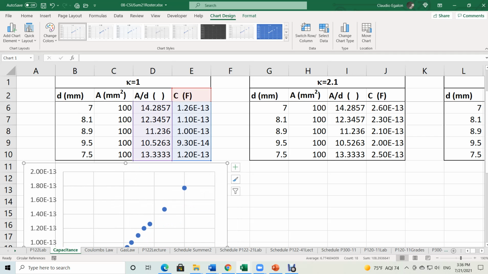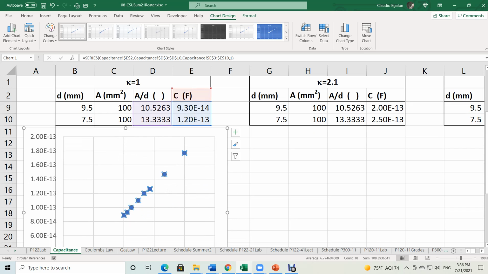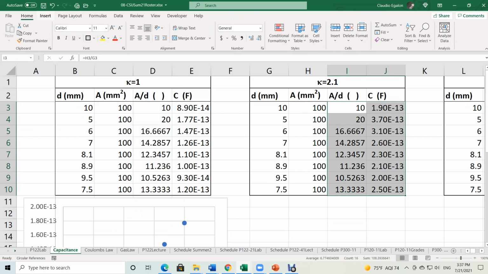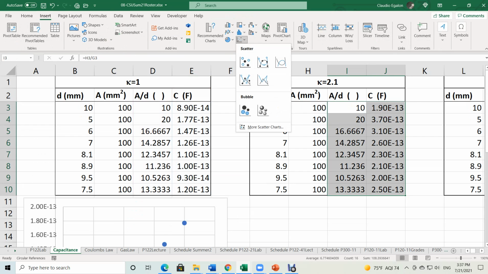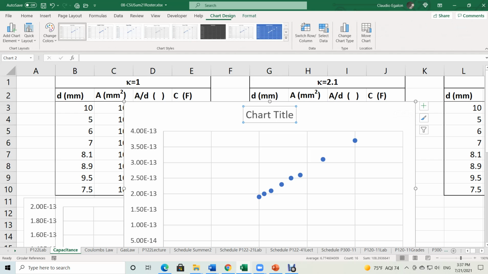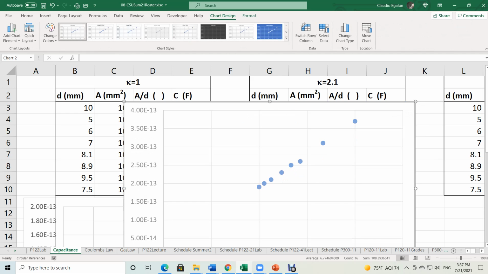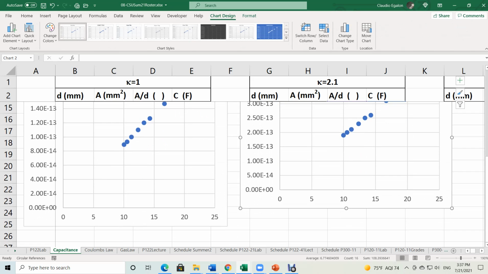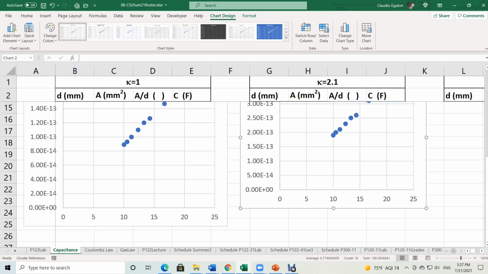I don't need that. See, it's a straight line, just like we saw in the equation. We do that as well. For this one, insert. Don't forget to work out on the graph with the labels and everything, right?